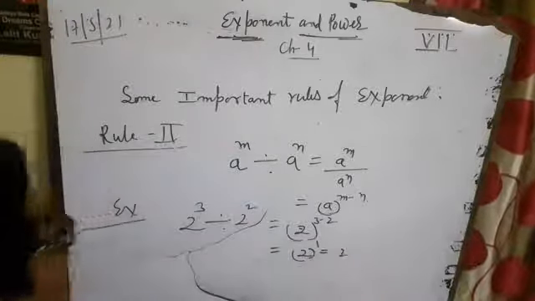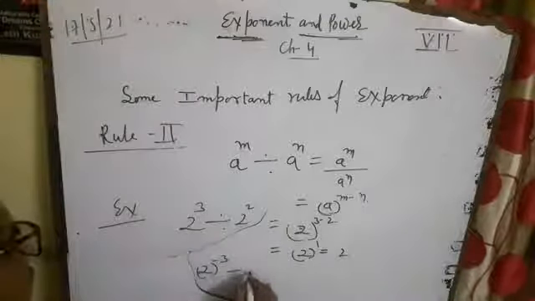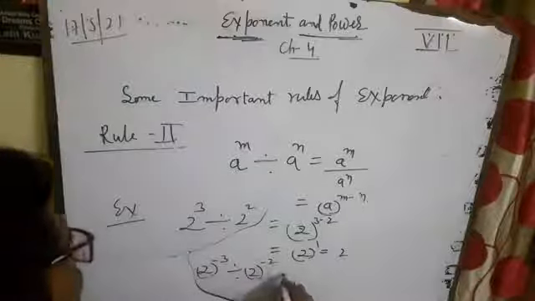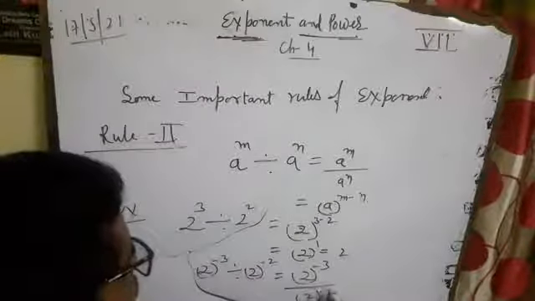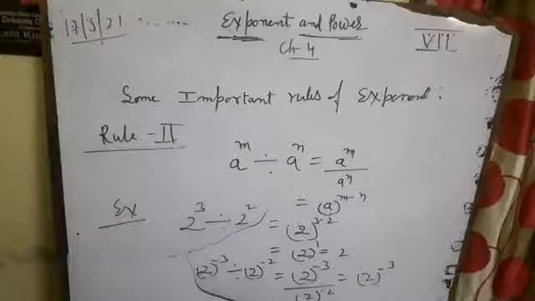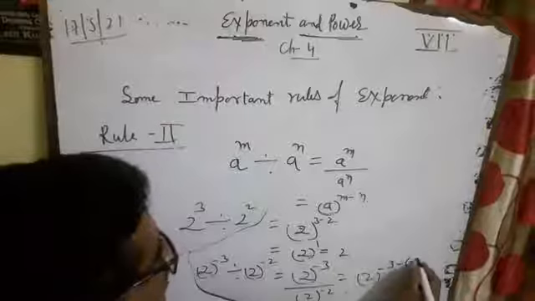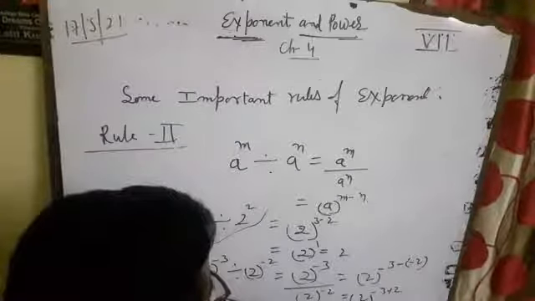This is a 2. One another example, 2 to the power minus 3 divided by 2 to the power minus 2.